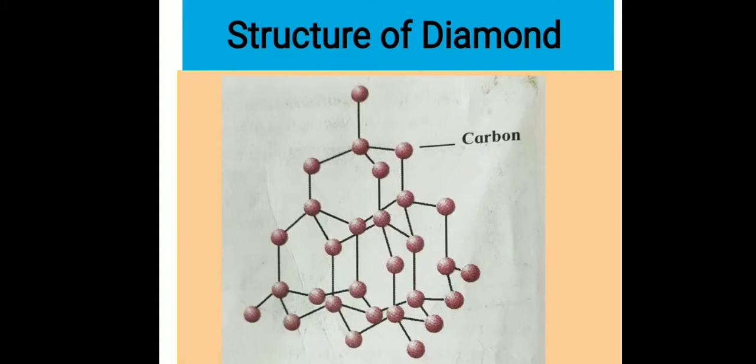If you carefully see the structure of diamond, you find that each carbon atom is bonded with covalent bonds to 4 other carbon atoms, and it has a three-dimensional structure, and though carbon is a non-metal, diamond can shine.